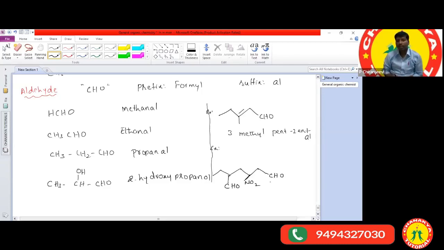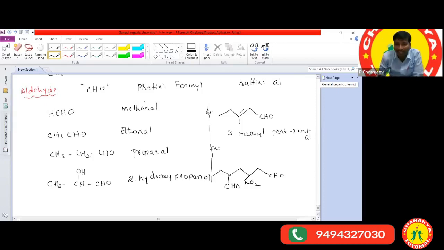What is the next IUPAC name of the given compound, ma? What is the answer?